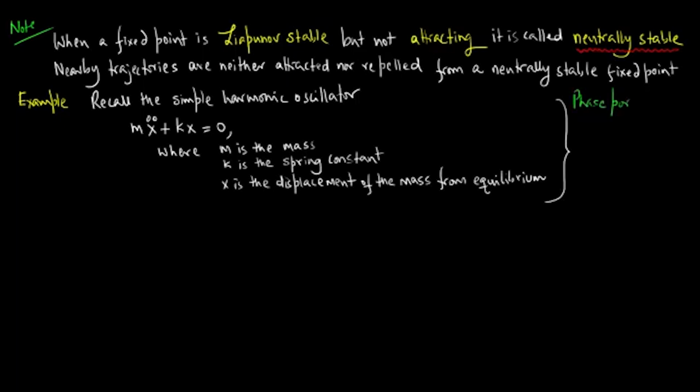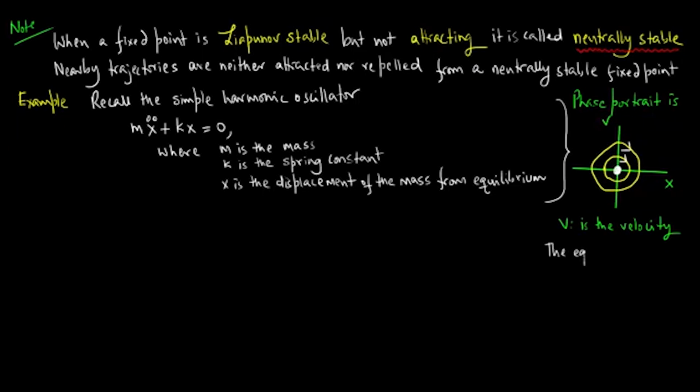The phase portrait for this particular system is the following, where v is the velocity. Note that the equilibrium point is neutrally stable.